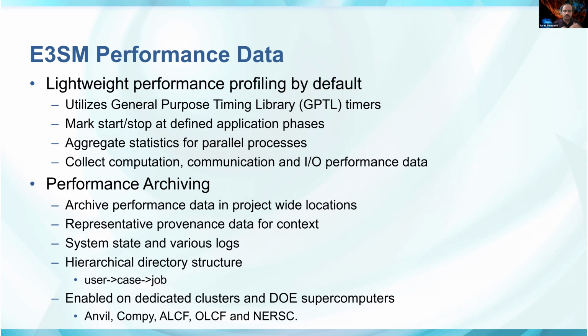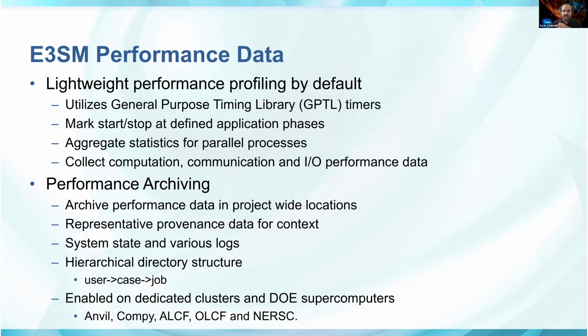It is used to mark the start and stop of various application phases. At the beginning of any important submodule, you can say start application phase name, and later on you can do a stop timer as well. These can be recursive, so you have higher level timers and then child phases underneath that.